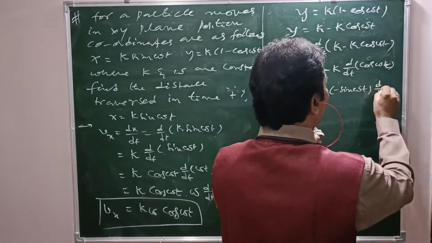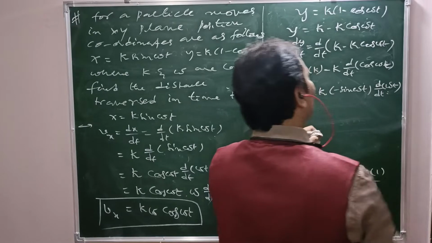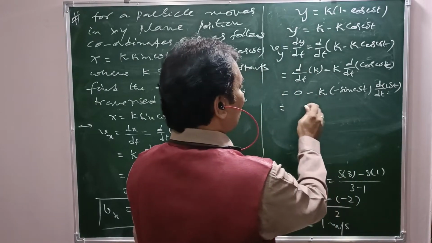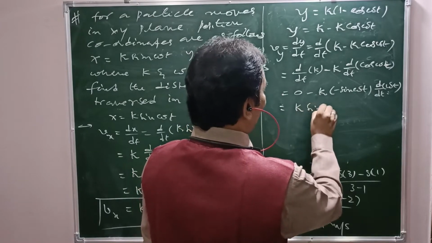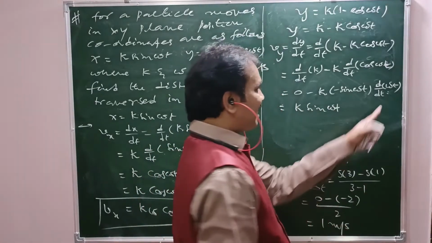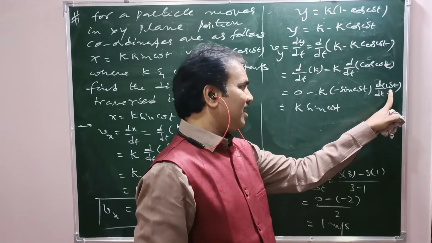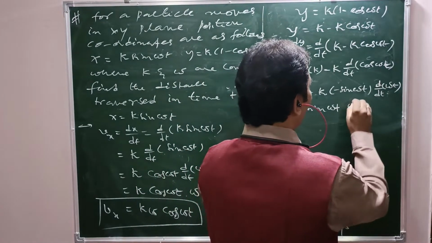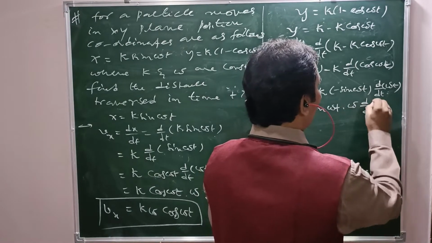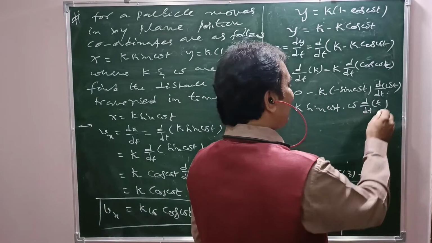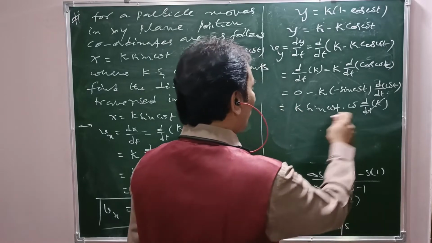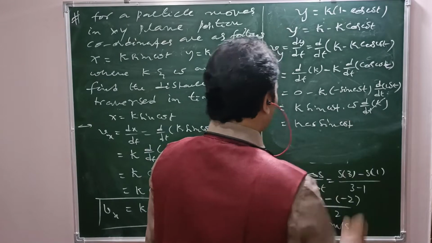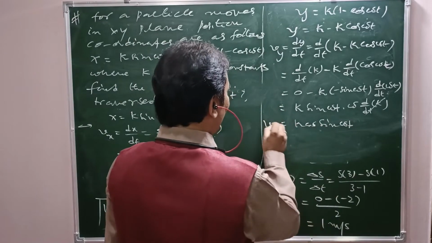One more time, d by dt of omega t. Right? That is minus, minus, plus k sin omega t into d by dt of omega t. Again, omega is constant, keep it outside, omega into d by dt of t. So d by dt of t means 1. That is k omega sin omega t. So this is what Vy is.